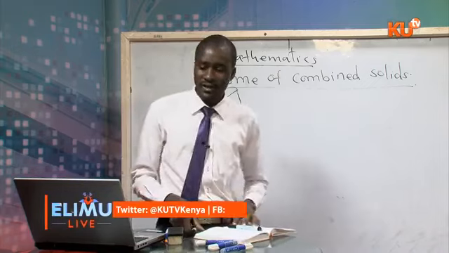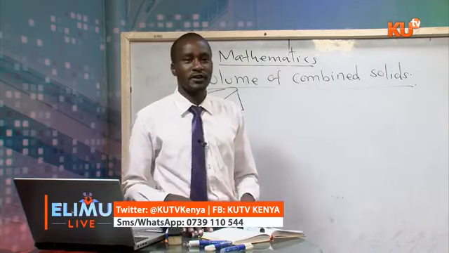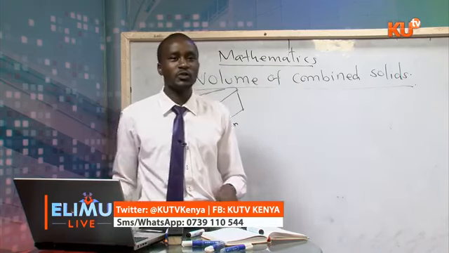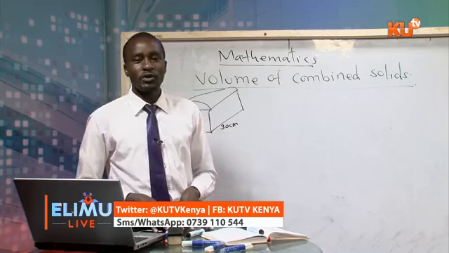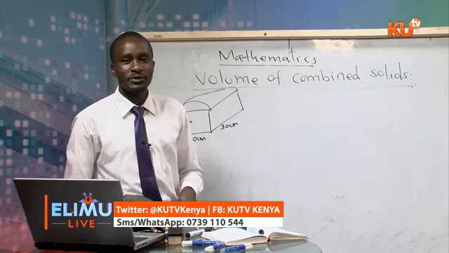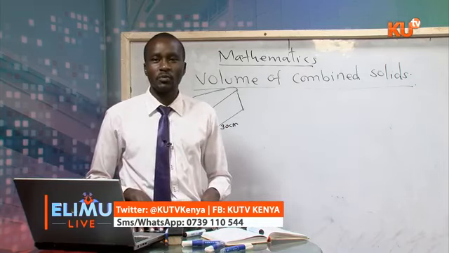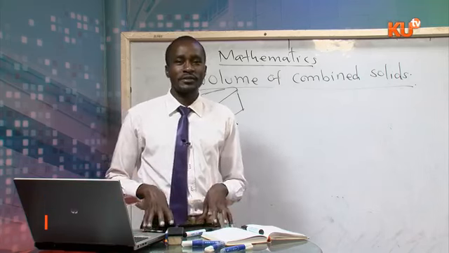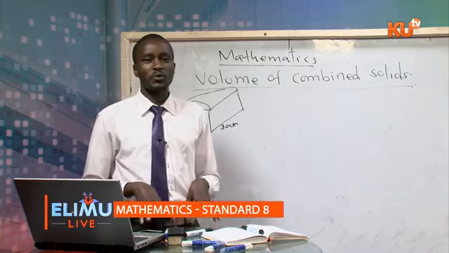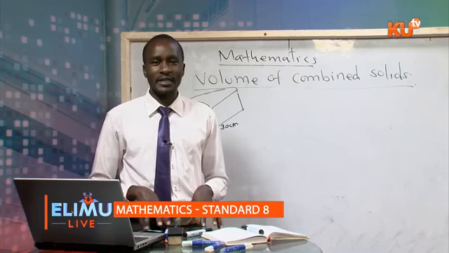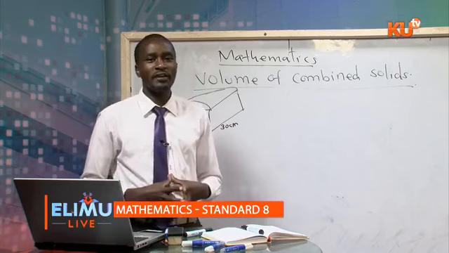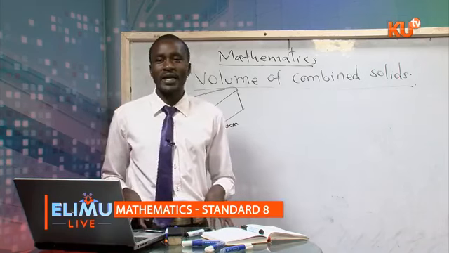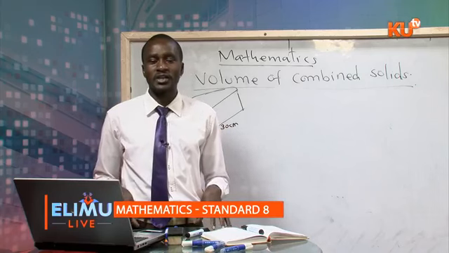Now how do I get the volume of such a figure? Volume of such a figure, the first thing you do, find the volume of the lower figure, which is a cuboid. How do I get volume of a cuboid? Volume of a cuboid is length times width times height. Then volume of half a cylinder, taking it from a cylinder, volume of a cylinder is pi r squared times h.